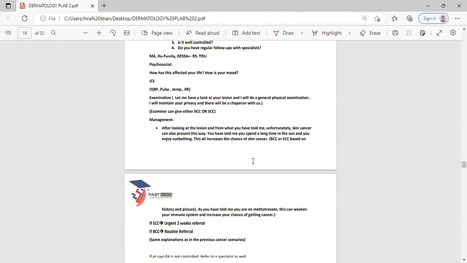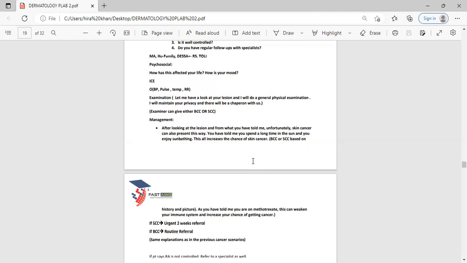Okay. And then you have to mention that the patient might ask why do I have this, and you can say, as you have told me that you have rheumatoid arthritis, Clara, and you are on methotrexate, what methotrexate does is that it can weaken your immunity. Like your body is unable to defend itself against different chemical insults or different infectious insults.